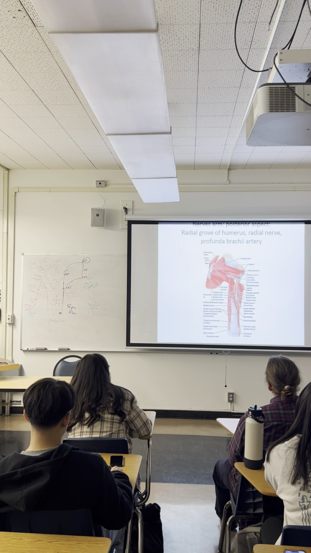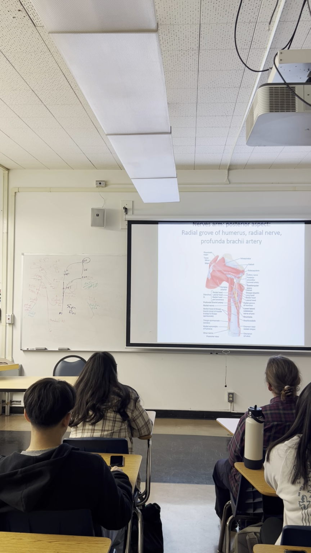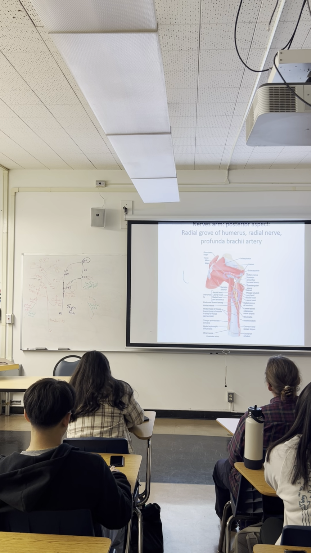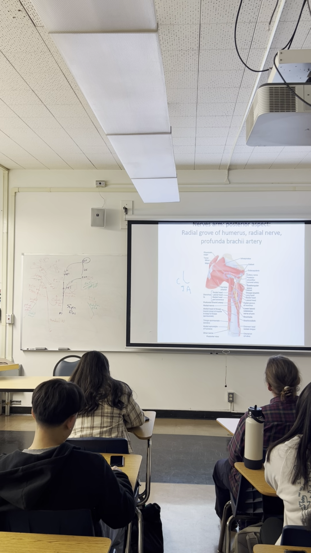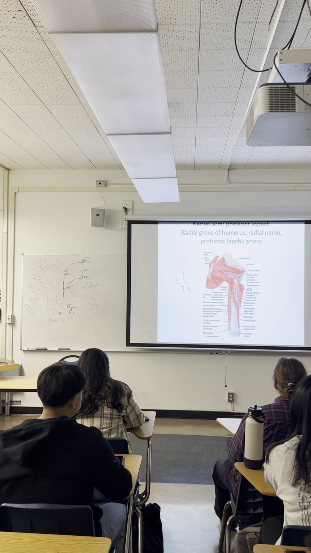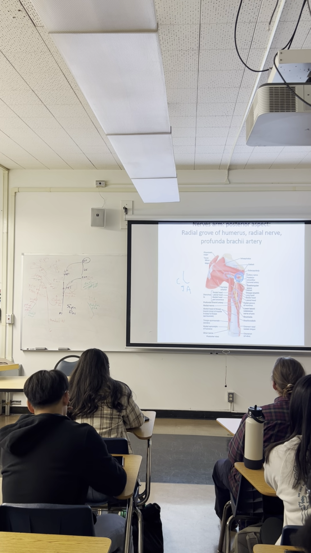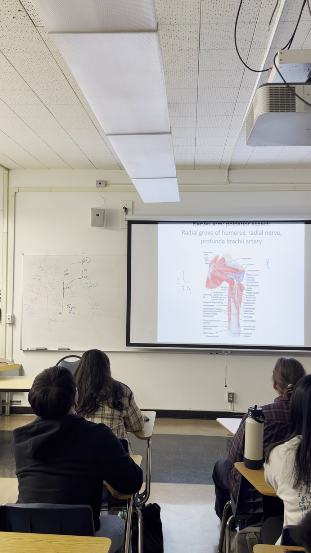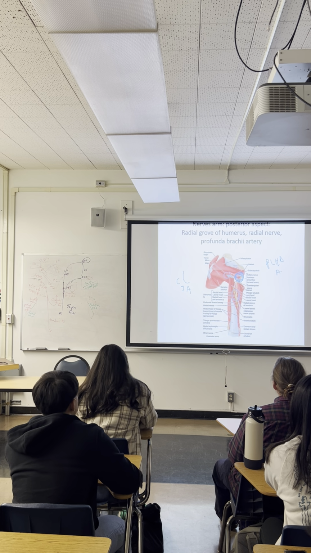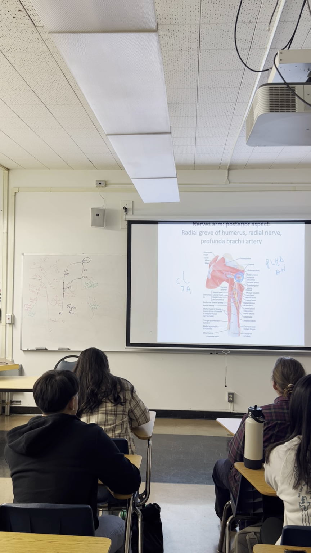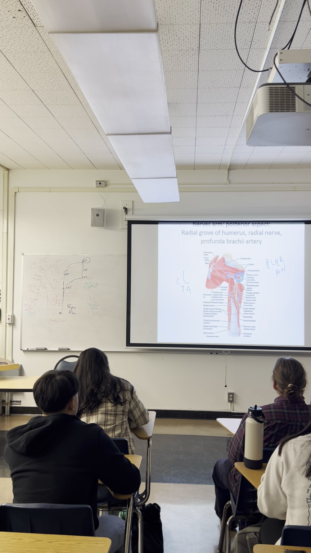This is the upper triangular interval where we would see the circumflex scapular artery, and this is the quadrangular space where we would expect to see posterior circumflex humeral artery and axillary nerve. So this is another picture of the three intervals at the back of the scapula.